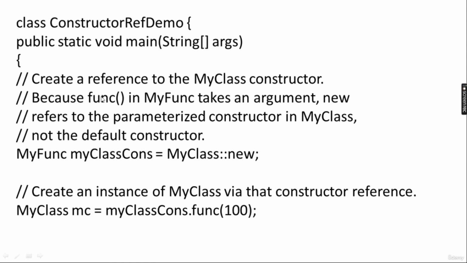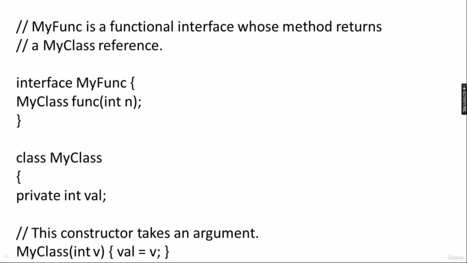New refers to the parameterized constructor in MyClass, not the default constructor. Okay, so new will be calling the parameterized constructor. Why? Because func in the functional interface has one argument. Here it is having one argument, and here it is also having one argument.